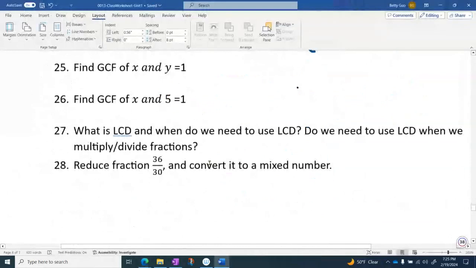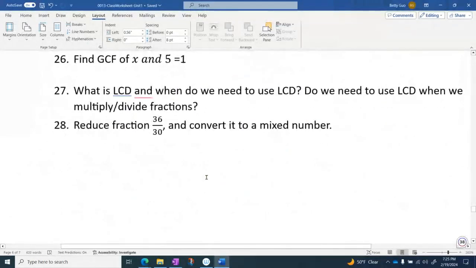GCF is so important, especially for chapter 6. LCM is also important because in all those chapters, sometimes we have to deal with fractions. And in the topic of fractions, we have a concept called LCD.